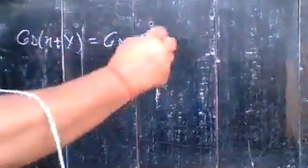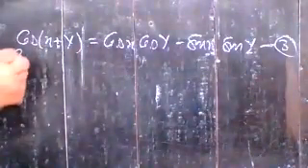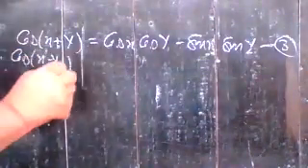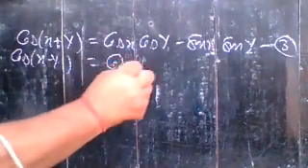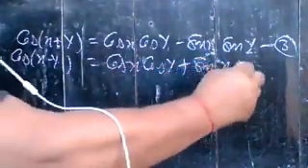So next identity, you know cos(x plus y) is equal to cos x cos y minus sin x sin y. Suppose that is the third equation. Cos(x minus y) is equal to cos x cos y plus sin x sin y.